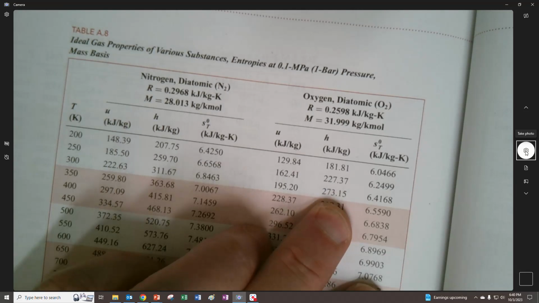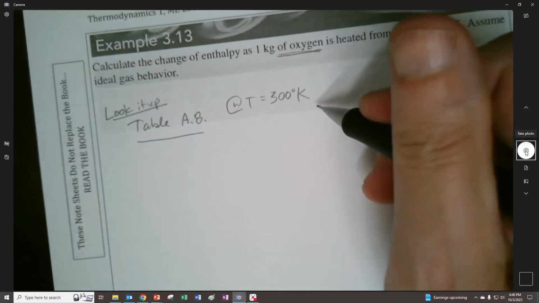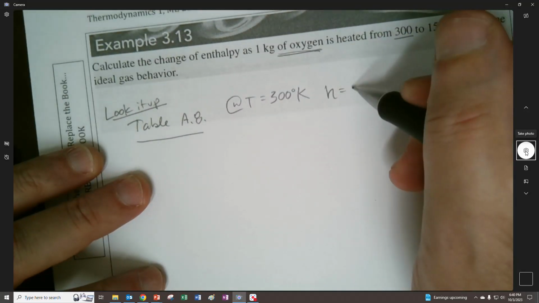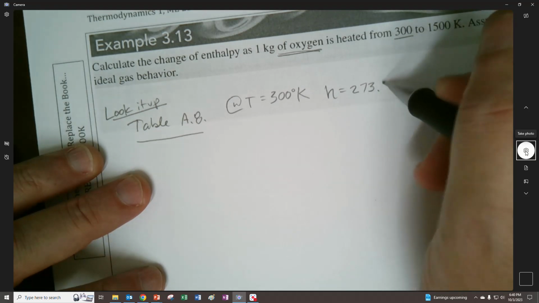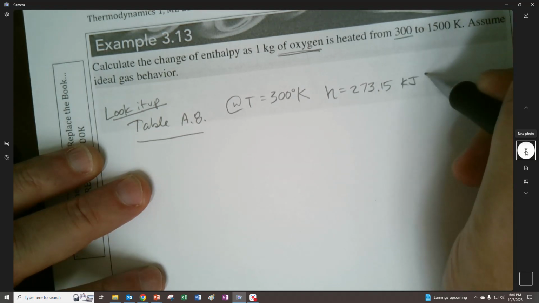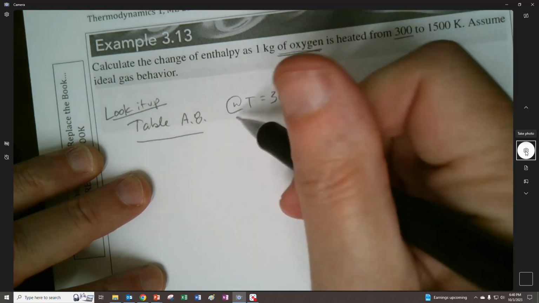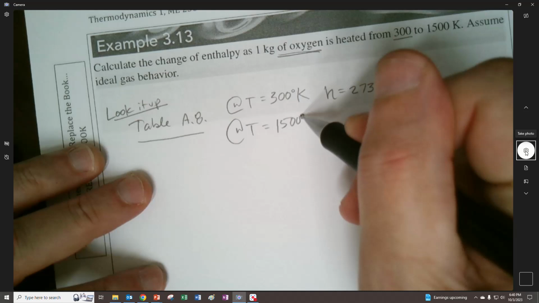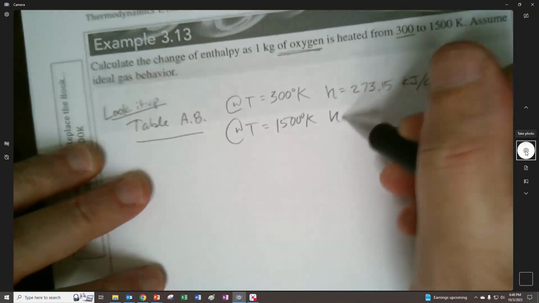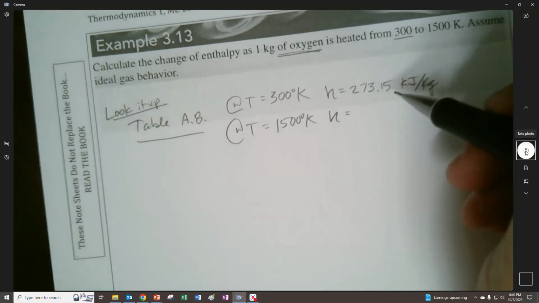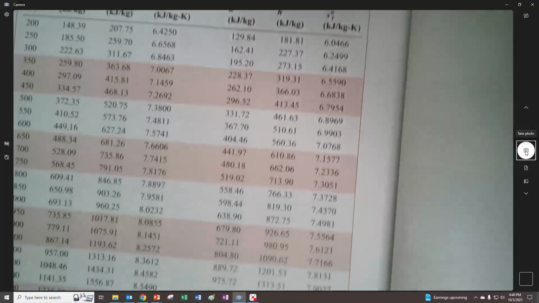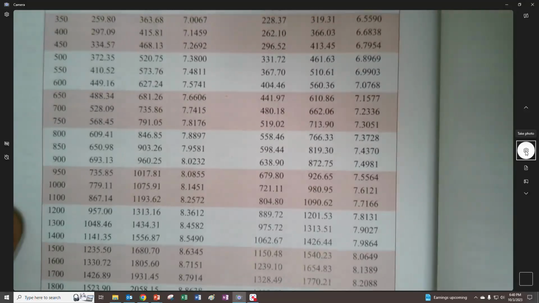So 273.15. I'll put it up here on top of that. Okay, so H is 273.15 kilojoules per kilogram. And then at T equal to 1500, we could get H equal to, and right there.